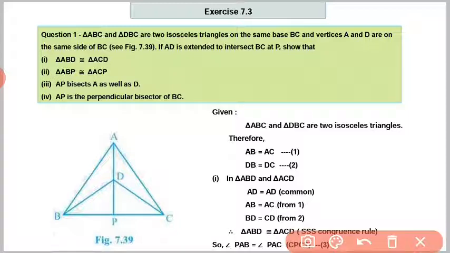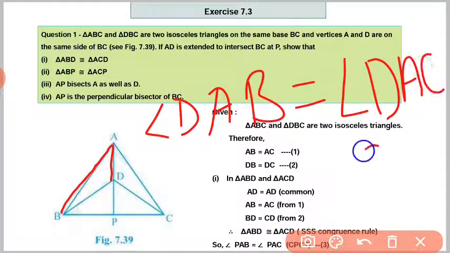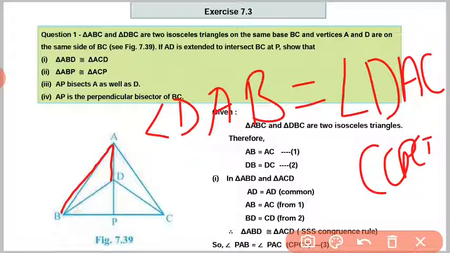Now we see that by CPCT we can say angle DAB is equal to angle DAC, as they are corresponding parts of congruent triangles.